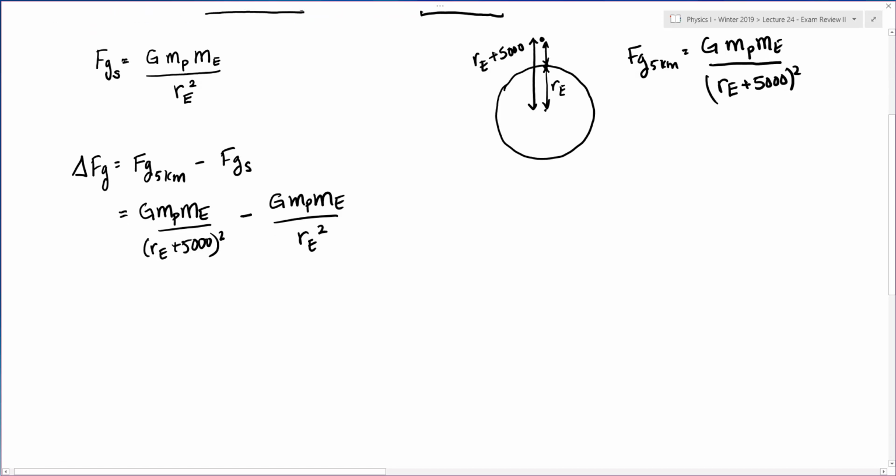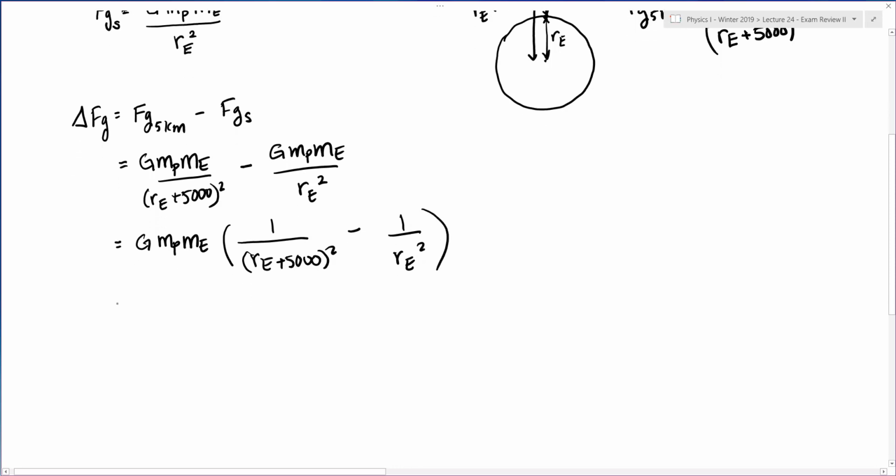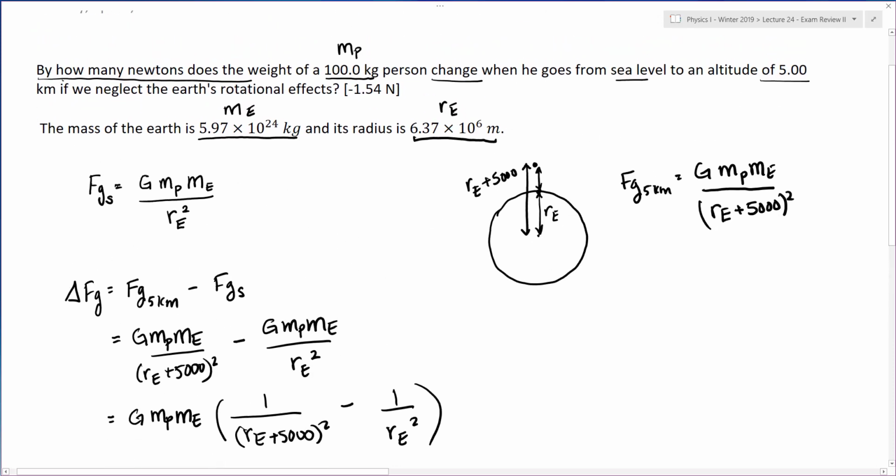Okay, so we can see here that there are a lot of things that are repeated in both of those terms, so I'm just going to factor them out. I'm going to take out G, mass of the person, mass of the Earth, and I'm left with 1 over (Re plus 5,000) squared minus 1 over Re squared. That makes it a little bit easier to plug in my numbers. G is the gravitational constant. It's going to be given to you on a formula sheet, 6.67 times 10 to the negative 11. The mass of the person is given.